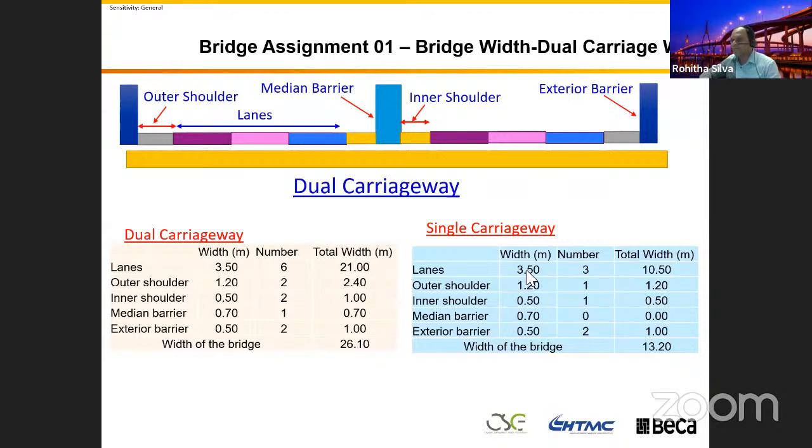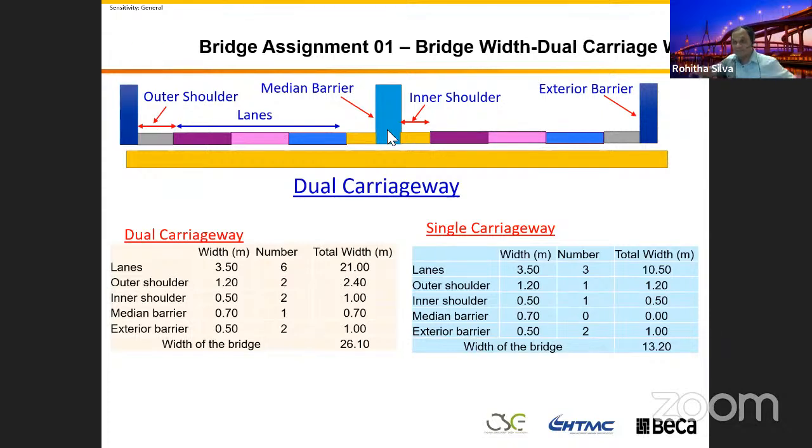So 3 lanes, because for the single carriageway, we're going to replace this median barrier with an H barrier or exterior barrier. That's how we're going to do it. The same thing is here, right? We're going to replace it with an H barrier. So 3 lanes are there. We've got outer shoulders, only 1, not 2. Why are we not going to put 2?